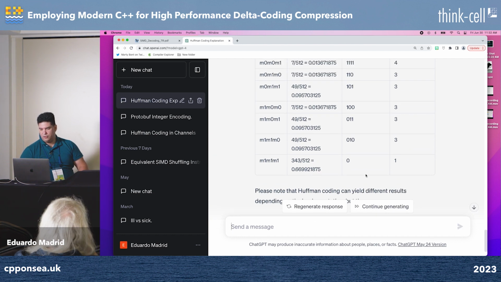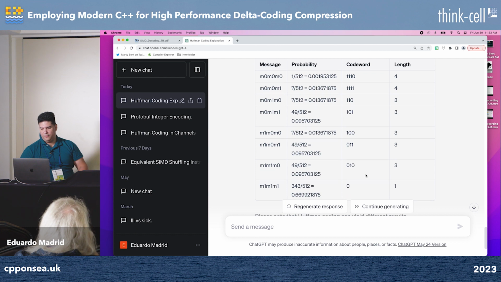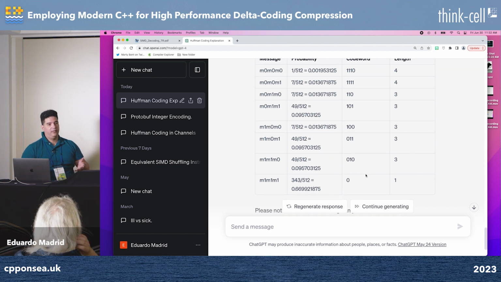Okay, this is a more reasonable result. At least we have the property that the codes have the same length.